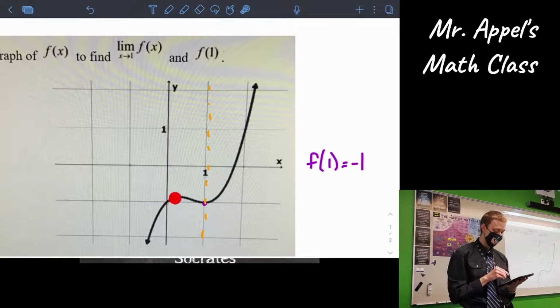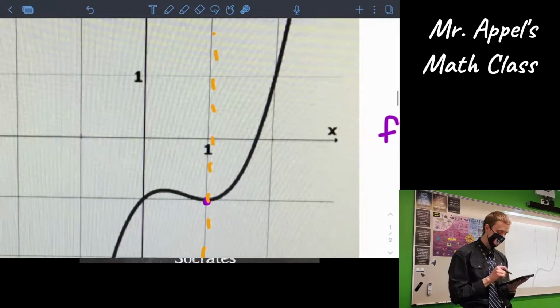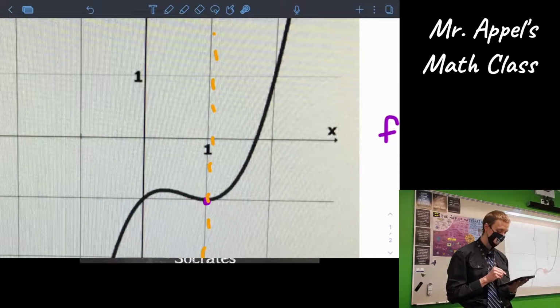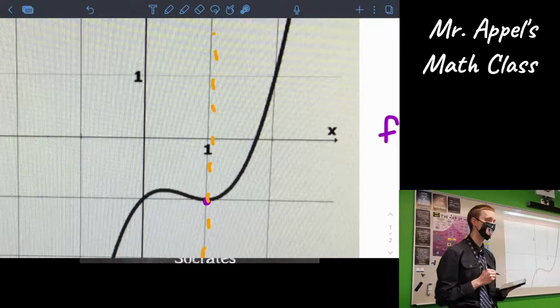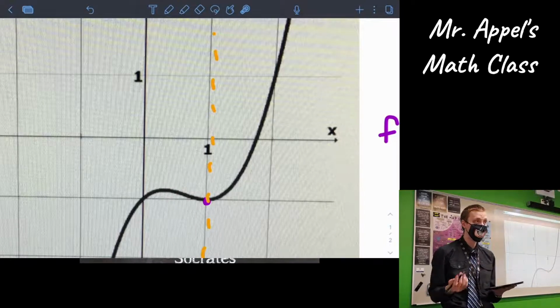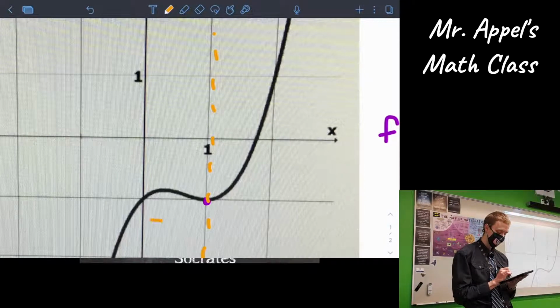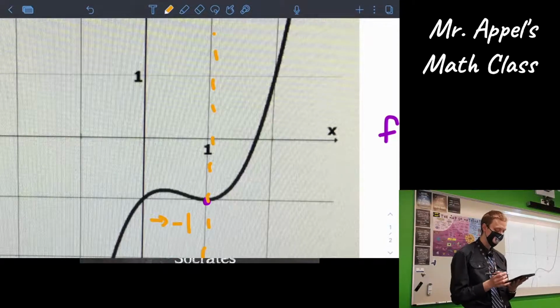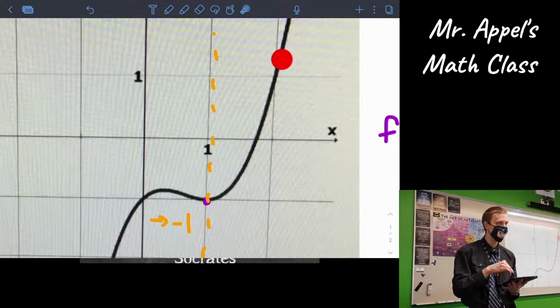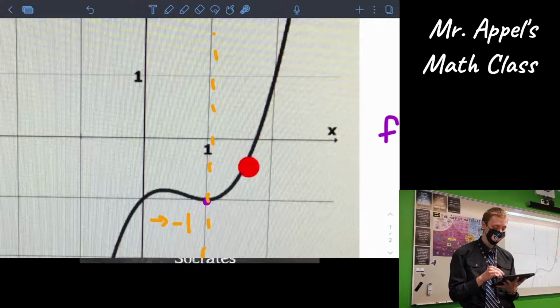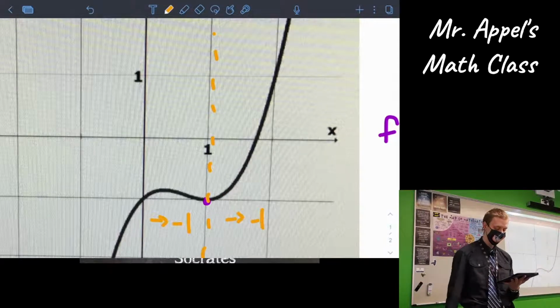So as I go along, as I get closer and closer to the orange line, I'm getting closer and closer to, down here, my laser pointer isn't small enough as I zoom in. It's approaching -1. Okay, so we got approaching -1 over here. How about on this side? From the right, we go down and it gets down here to that point, approaching -1 from that side.